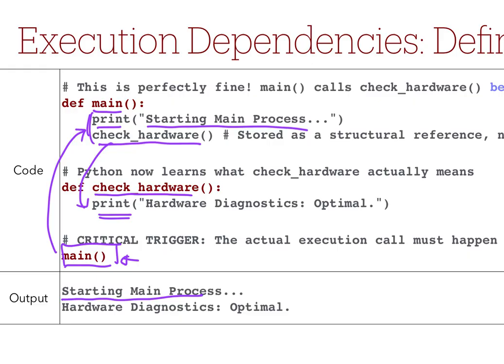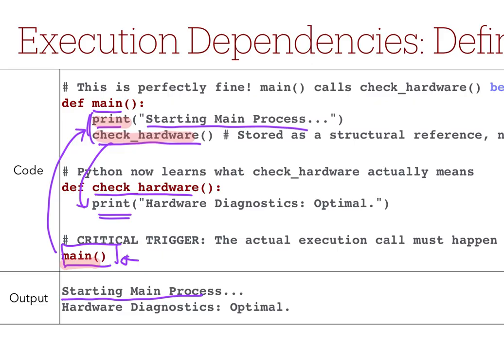Okay, inside the main function, it calls two functions, the print function and the check hardware function. I do not check the definitions of those two functions yet. When I call the main function, I just check whether the main function is defined or not. Okay? So at that point, you need to define the main function just before you call the main function.